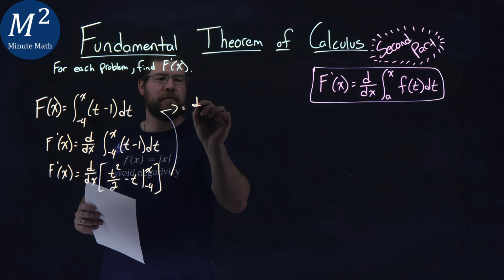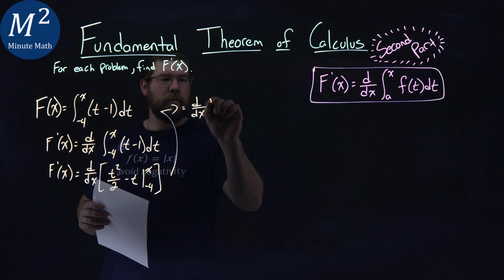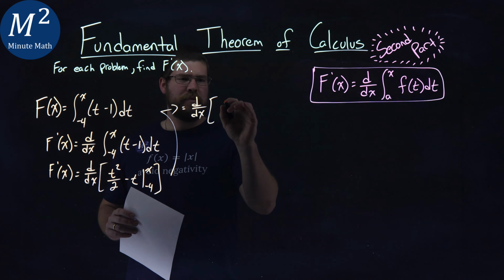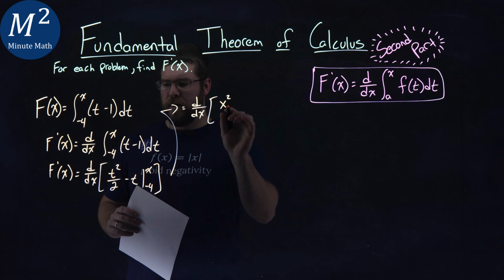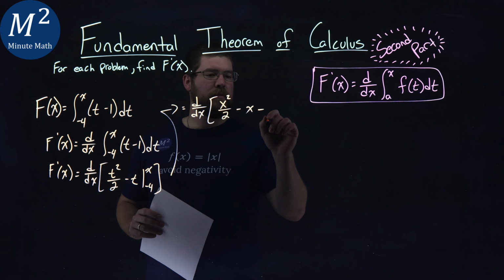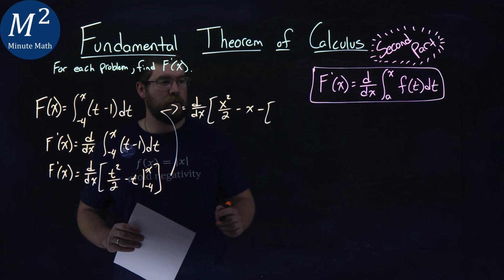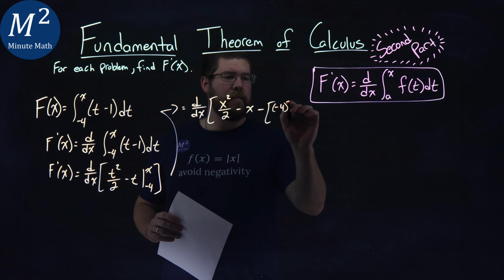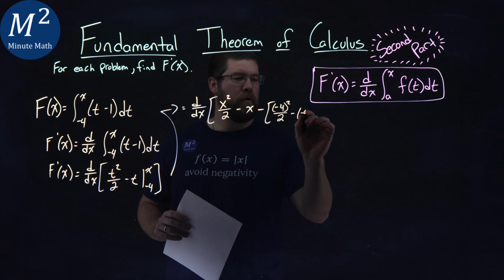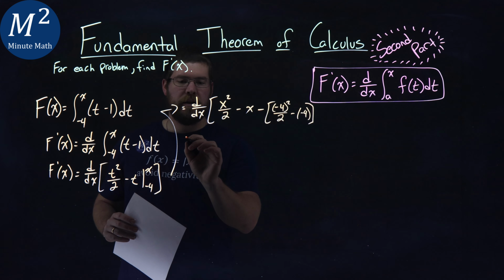We have d over dx here, multiplied by our rules, we plug in x first. So we have x in for t, pretty easy swap. x squared over 2 minus x. And we subtract that when we plug in a -4. -4 squared over 2 minus a -4. If I can fit that in.